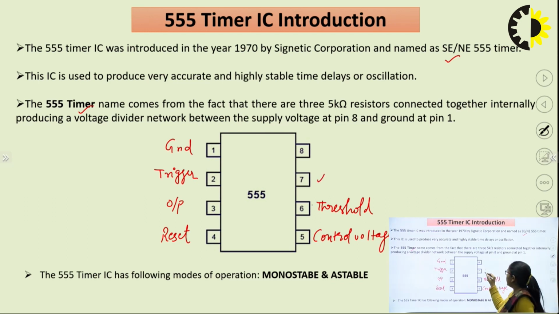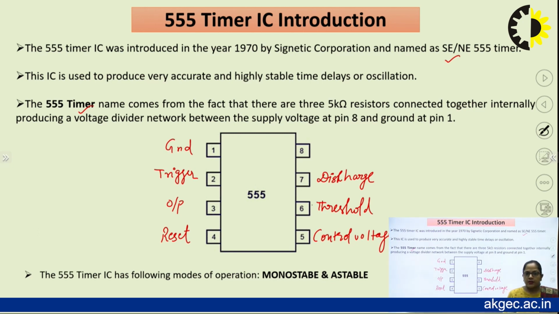Pin number 7 is the discharge pin. What is the discharge pin? This pin is internally connected to the collector of a transistor.